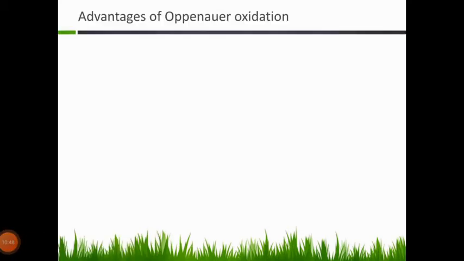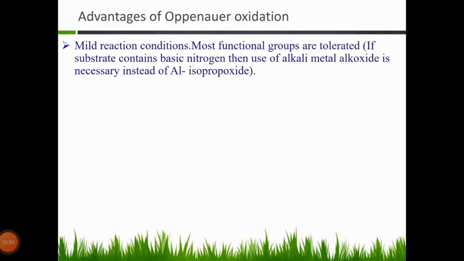What are the advantages of Oppenauer oxidation? It's challenging work converting an alcohol to an aldehyde or ketone and stopping the reaction over there. So with chemoselectivity or regioselectivity, if you use the Oppenauer oxidizing reagent, you will be getting a specific product.